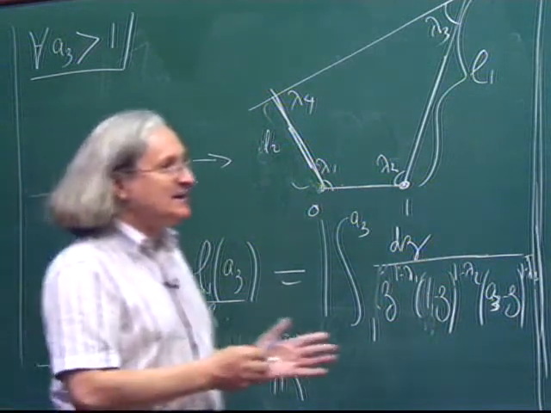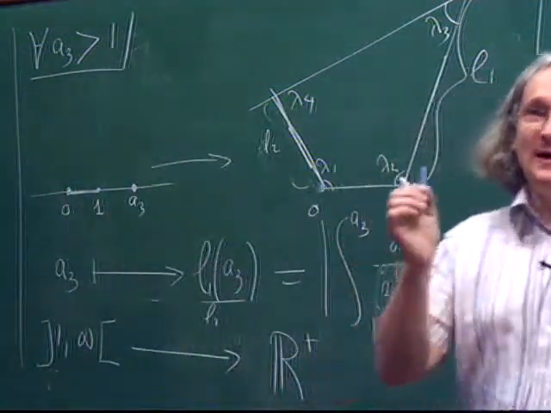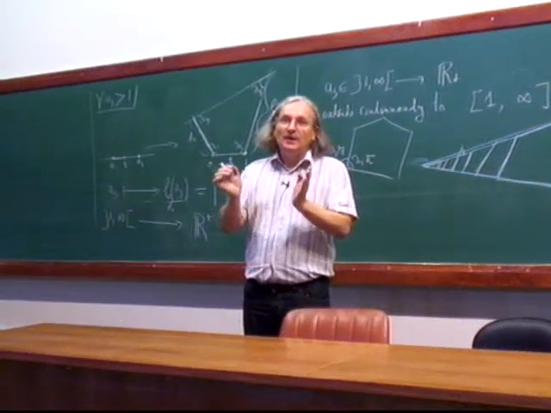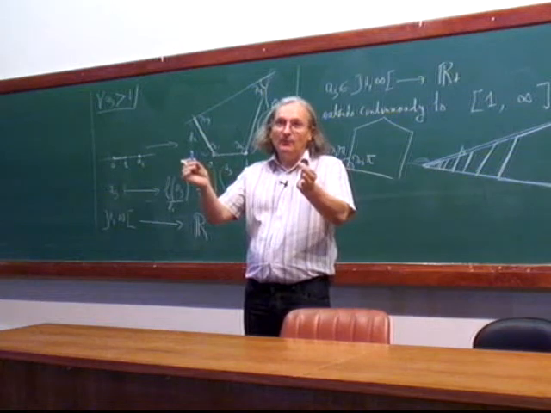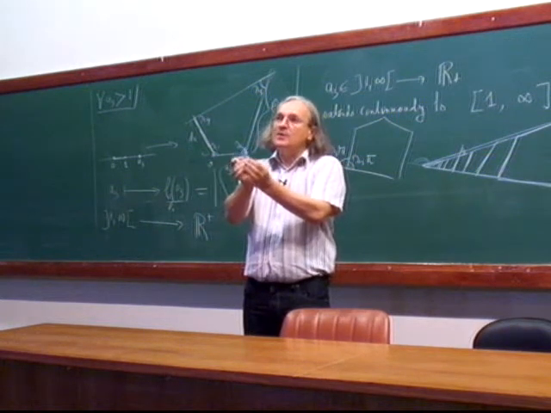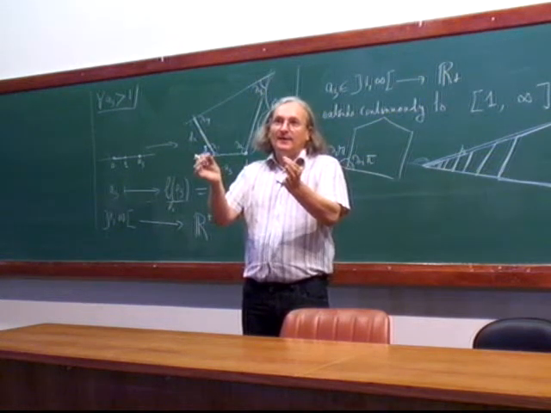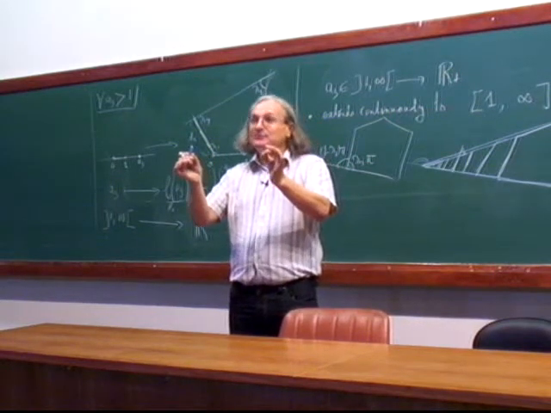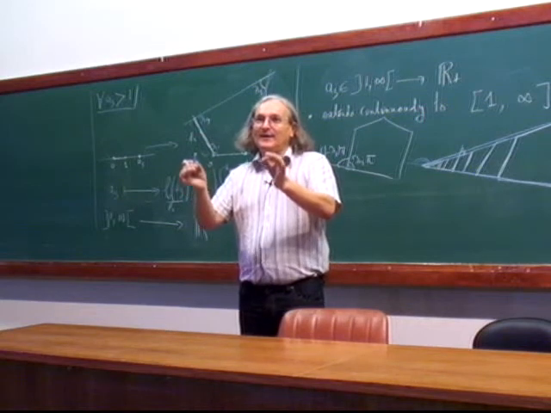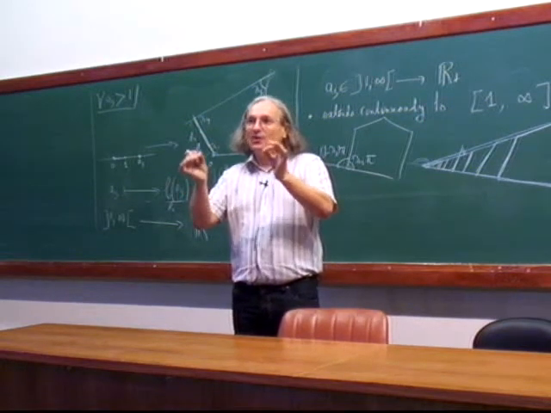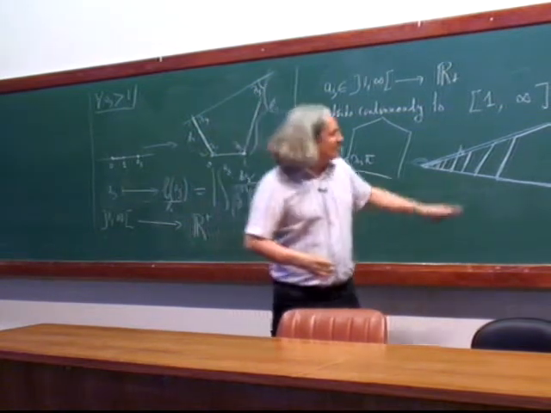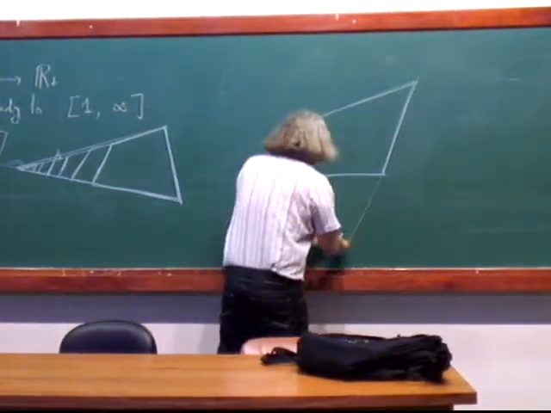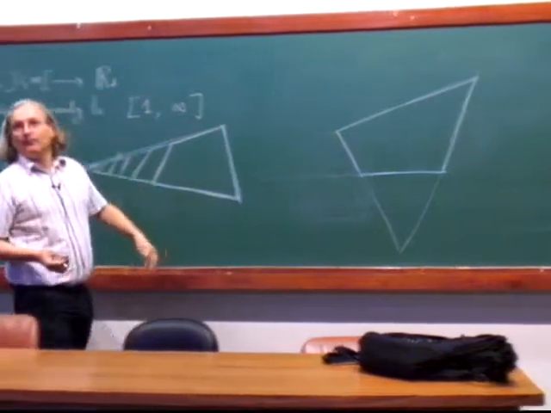So maybe I should not look at this L. What I just say is that the space of quadrilaterals with fixed angles is an open interval. And this open interval has two endpoints, and the two endpoints are the two triangles, which can be degenerations of the quadrilateral. So if you have this quadrilateral, you can degenerate this way or this way. Okay?